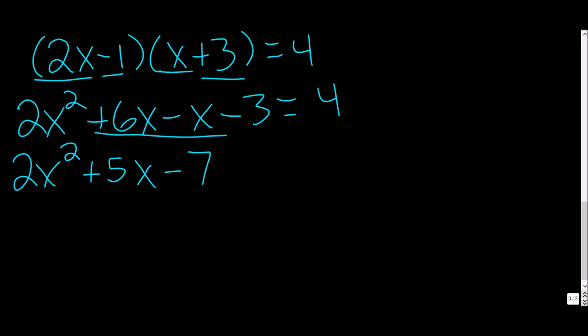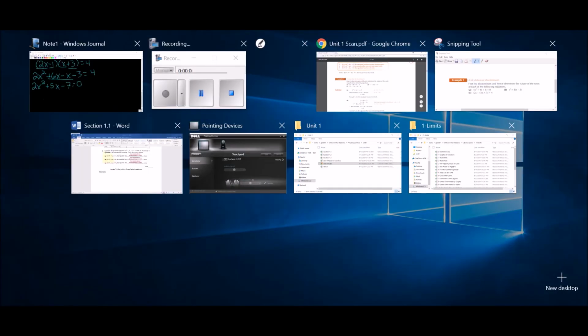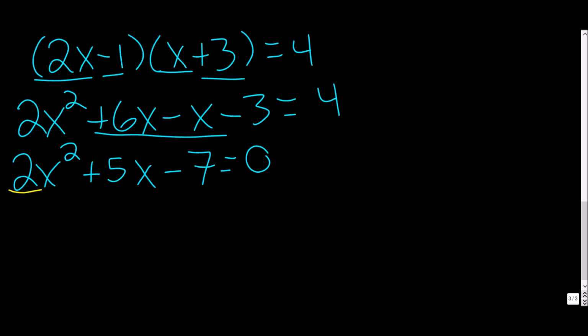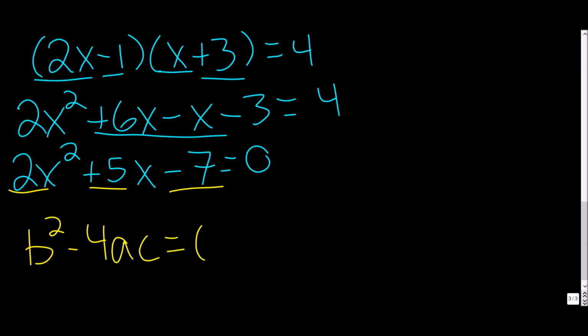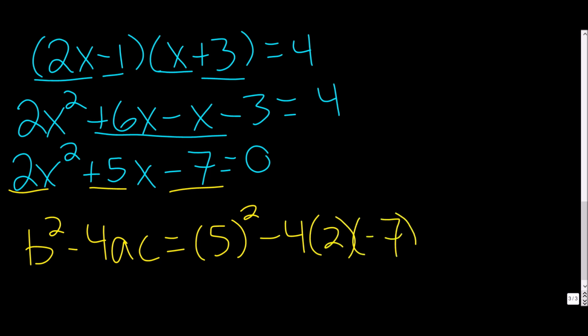So again, we've set ourselves up. A, B, C. B squared minus 4AC is going to be 5 squared minus 4 times 2 times -7. And that is going to be 25 plus 56.